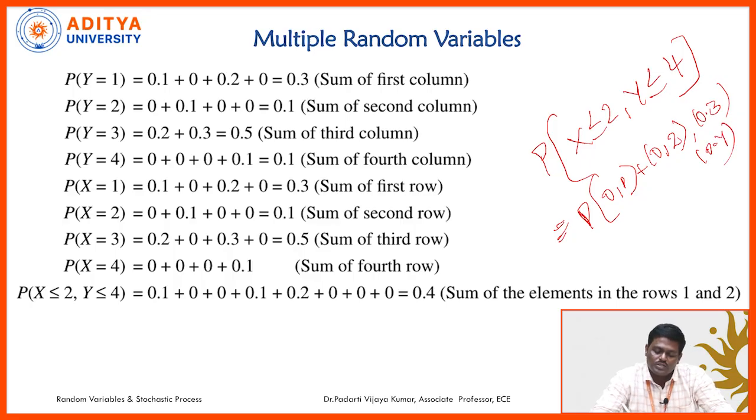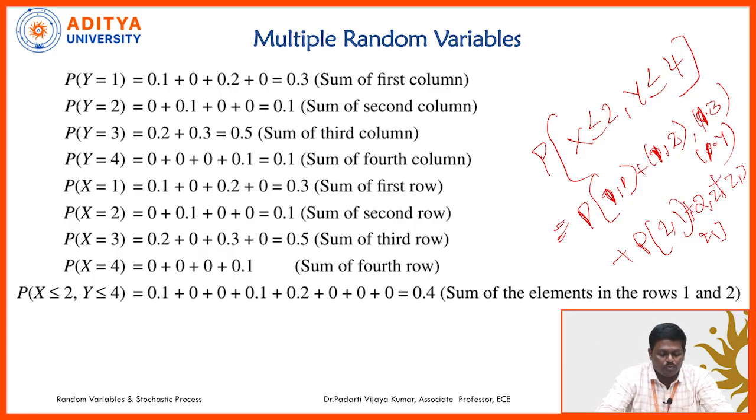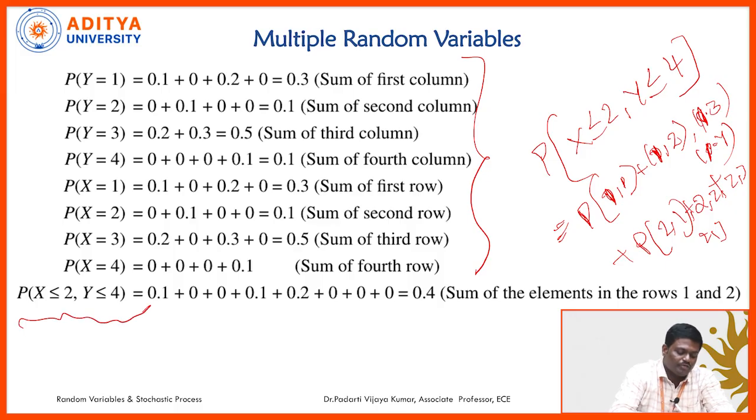This is for the 0th row or first row. Let us say first row: 1,1, 1,2, 1,3, 1,4. Similarly, probability of 2,1, 2,2, 2,3, 2,4. All probabilities we need to add. Totally 8 probabilities. Adding all these probabilities, the value of the probability of x less than or equal to 2, y less than or equal to 4 is 0.4.